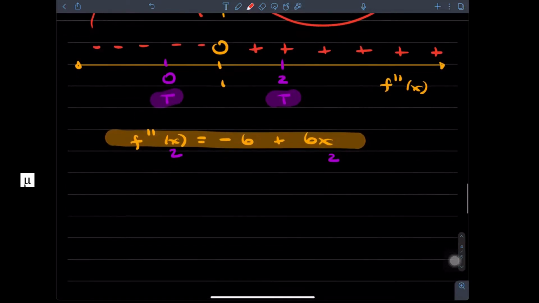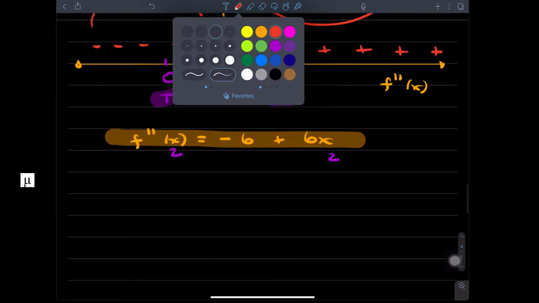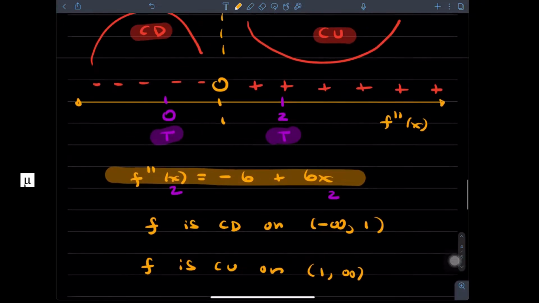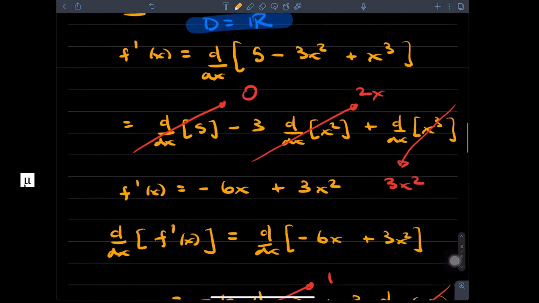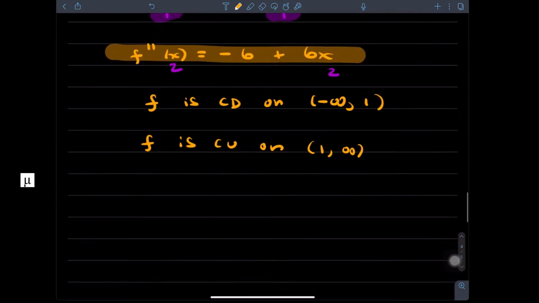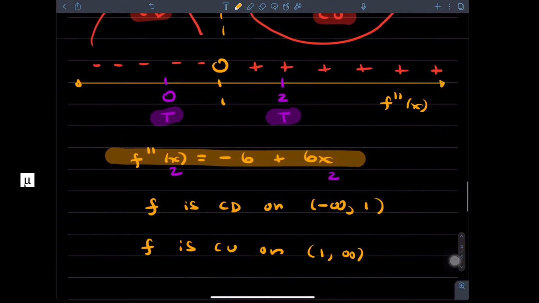So how do you answer this question? Do you guys know? This is how you answer. F is concave down on the interval from negative infinity up to 1. F is concave up on the interval 1 to infinity. So if I go back, I think we colored this green. Concave up is green. Okay.